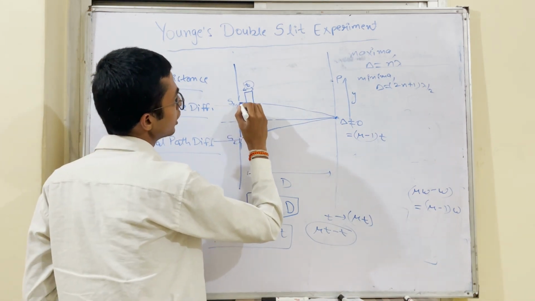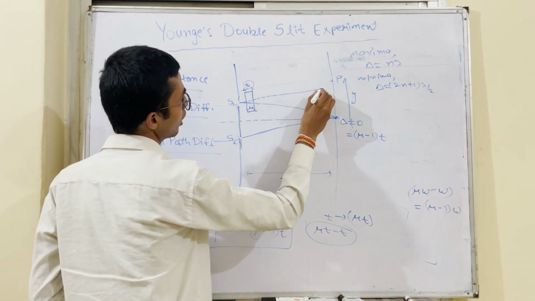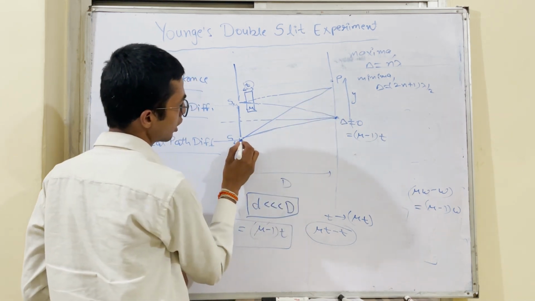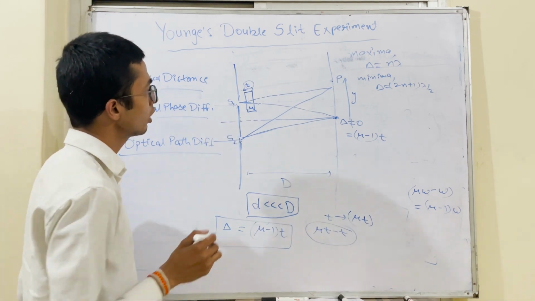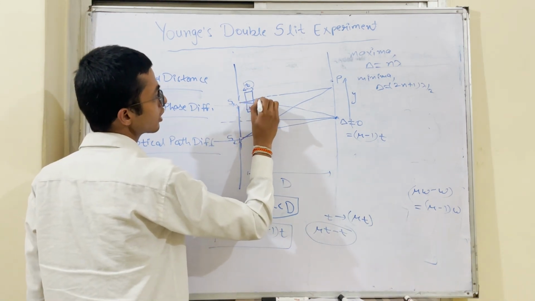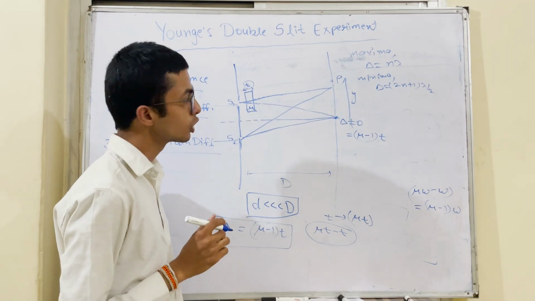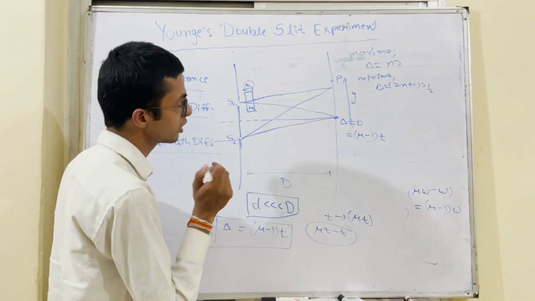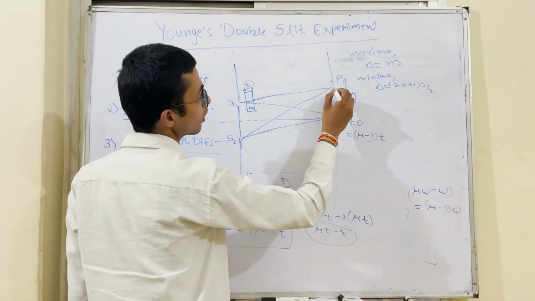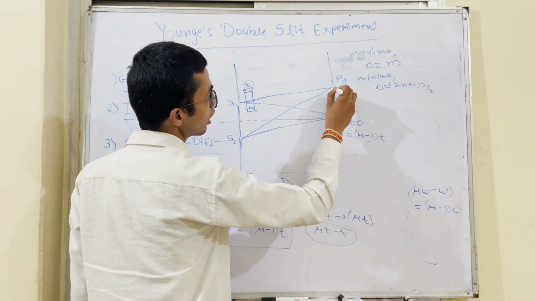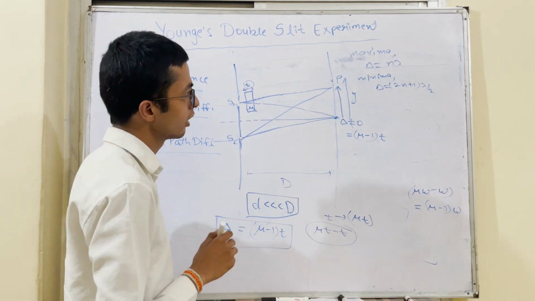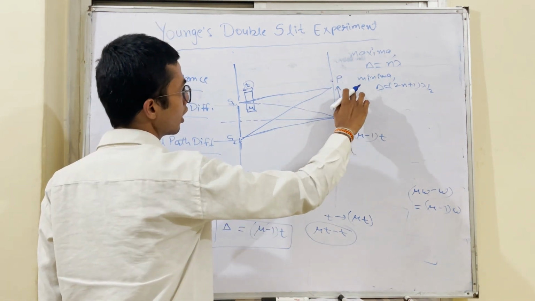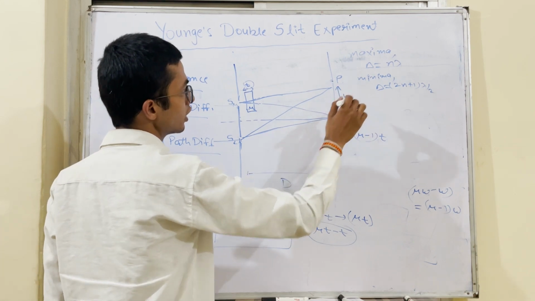If we see some point here, where the distance for this lower opening will be more, and for this one should be less geometrical distance, then there is a possibility that delta is 0. So this is y.